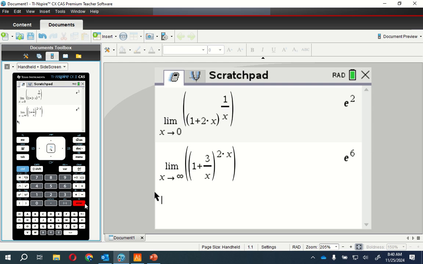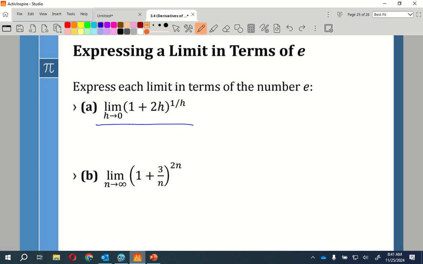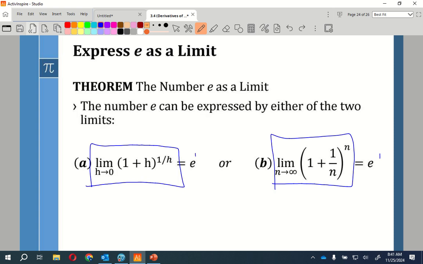Now, look at the correlation. What is it doing? If this one right here for the first one was just h, wasn't this one right here just 2 times that value, right? All right, look at the other one over there.